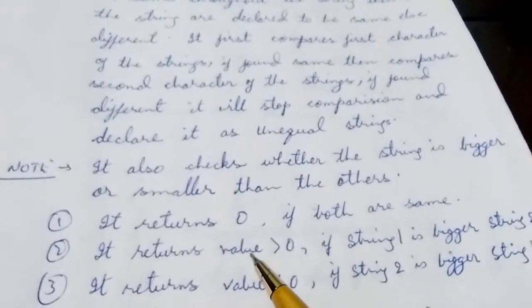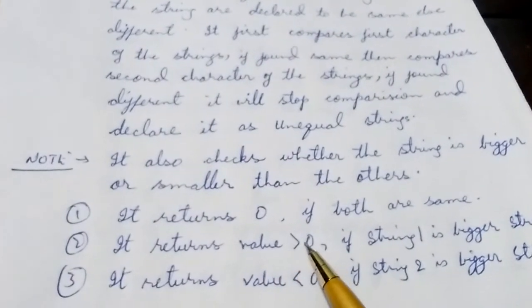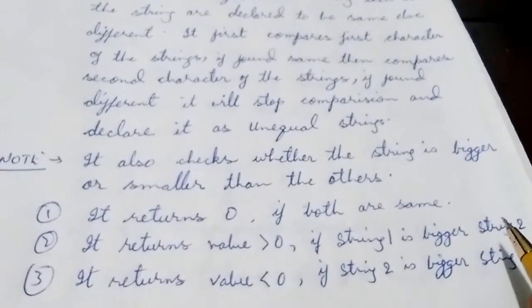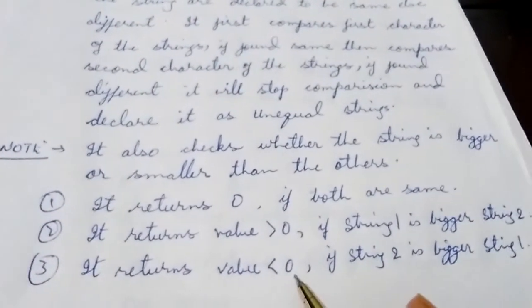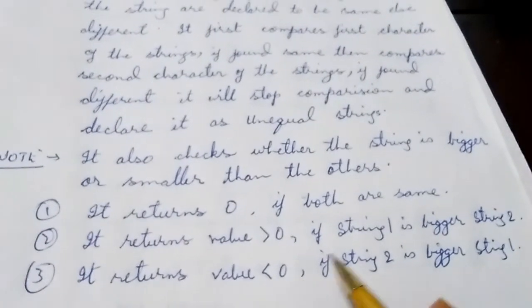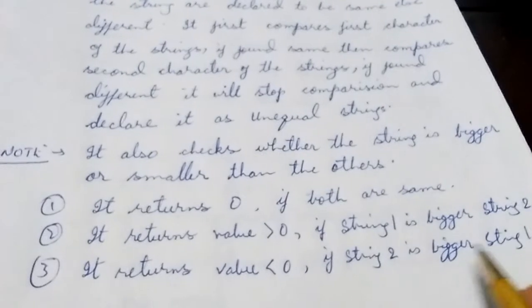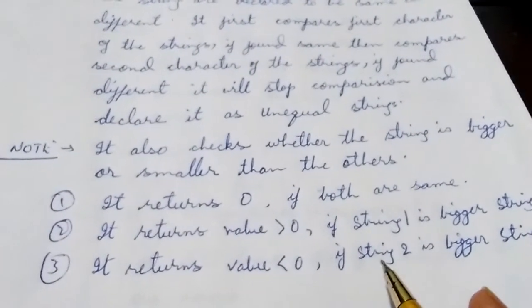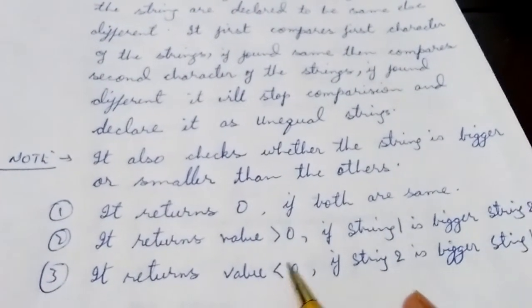It returns any positive value, greater than 0, if the first string is bigger than the second string. And it returns a negative value if the second string is bigger than the first string, like string 1 compared to string 2. So if string 2 is bigger than string 1, it will return a negative value.